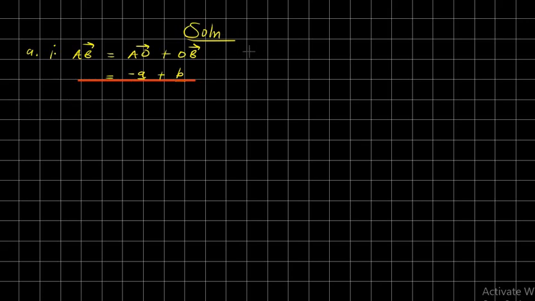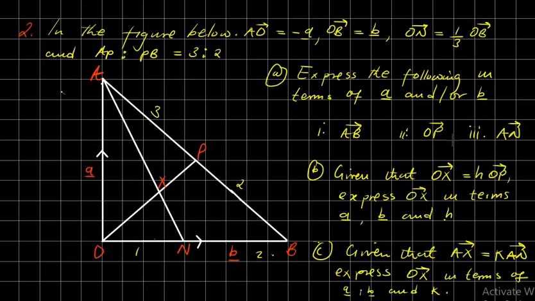Let's go to 2. What is 2 telling us? We want to find the vector OP.